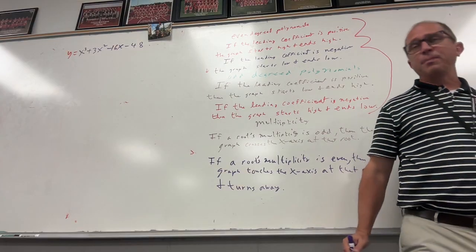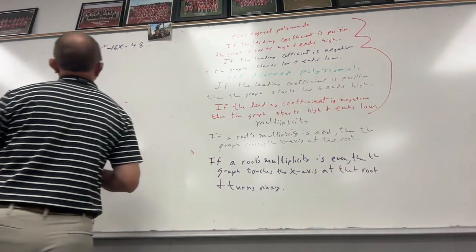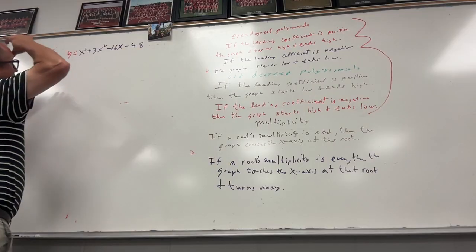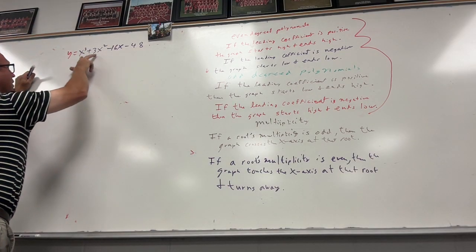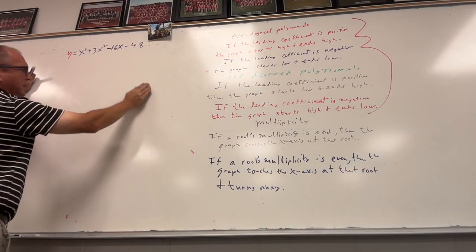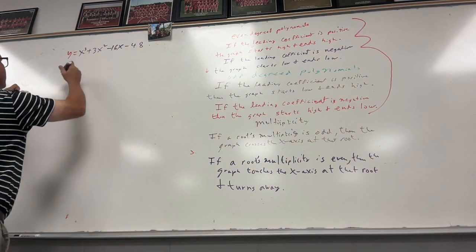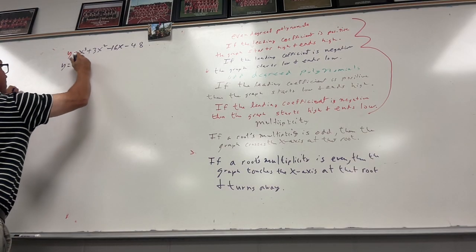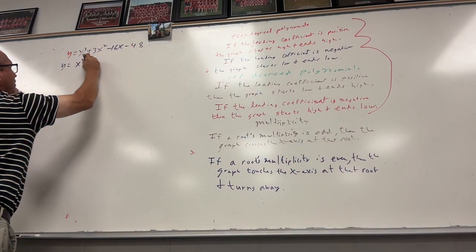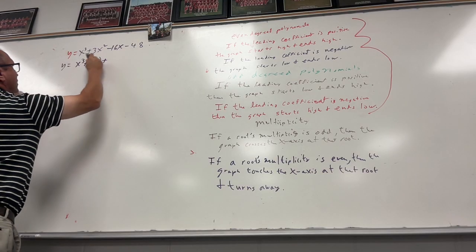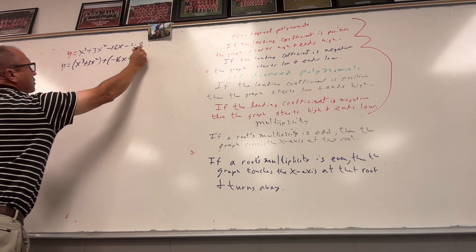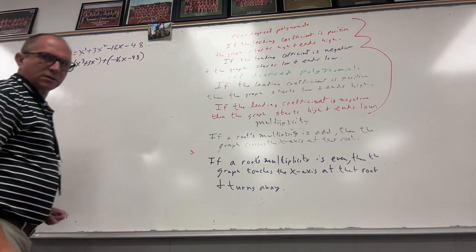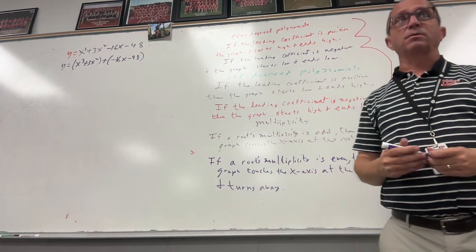But what factoring by grouping does is it has us pair them up, and typically the best pairs that work are grouping the first 2 together and the last 2 together if they're written in descending order. Okay, so I group the first terms together and the last terms together.